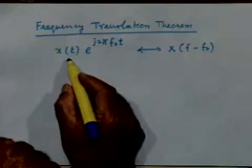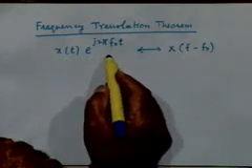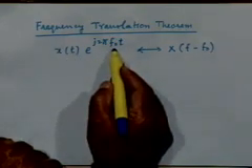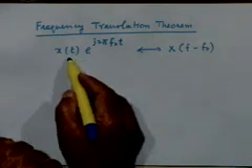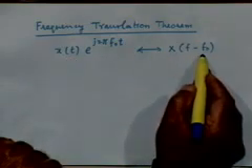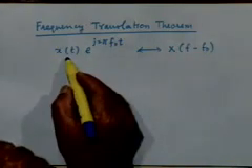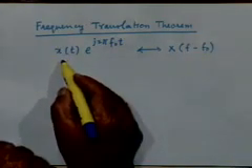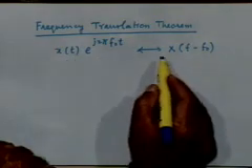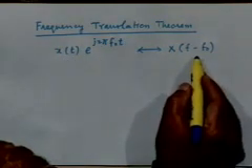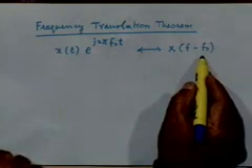That means multiplication of x of t with a complex exponential of frequency f naught shifts the spectrum of x of t, or the Fourier transform of x of t, to f naught as a center frequency. So suppose the original signal's spectrum is centered at 0 frequency. After this multiplication, its spectrum gets centered to the frequency f sub 0.